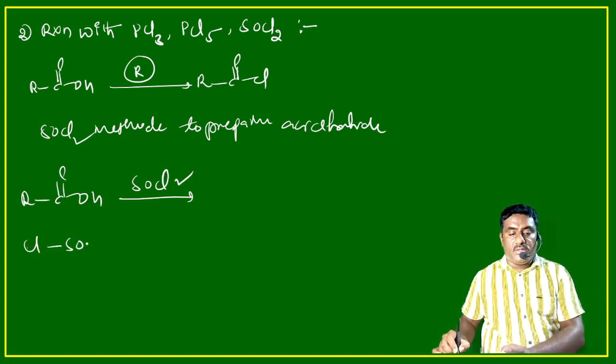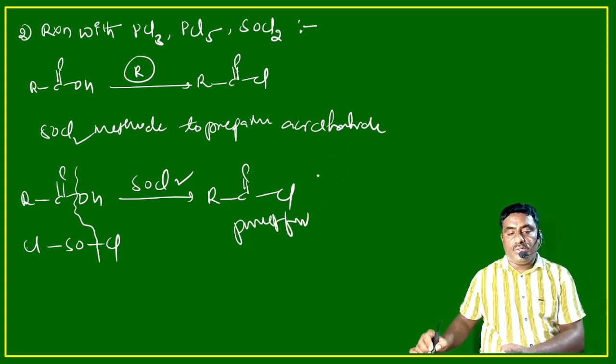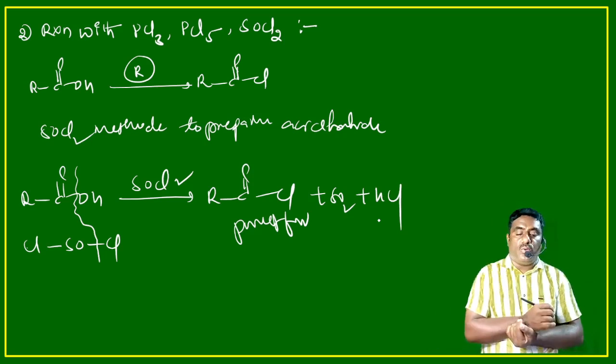It forms RCOCl, acyl chloride. It is the purest form. And sulfur dioxide and HCl, hydrochloric acid, are formed.